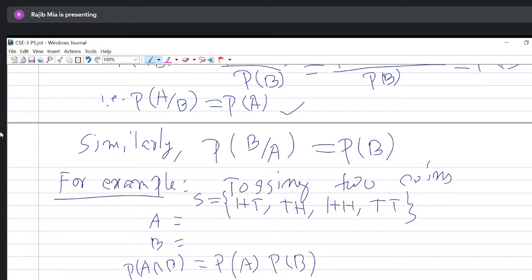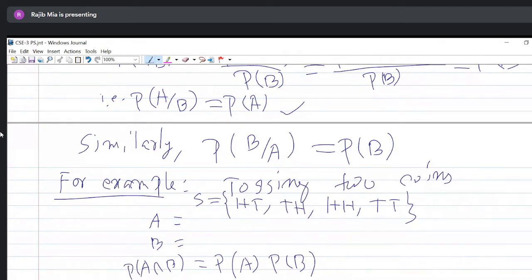Means B has occurred, the tail has already been declared. So, can it be? Sir, it can be that the appearance of tail or head on one coin is independent of the appearance of tail or head on the other coin.